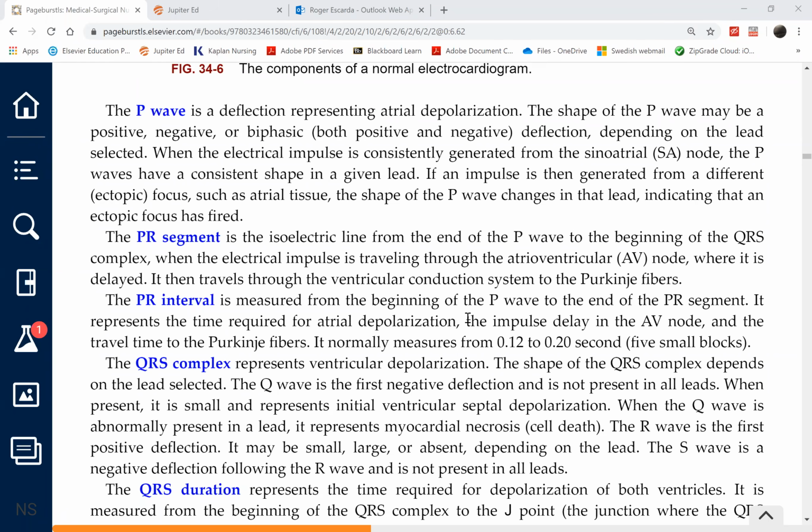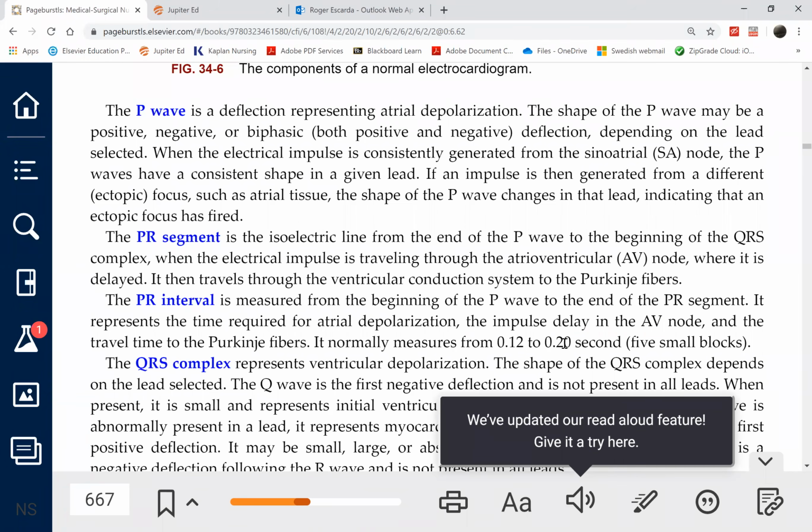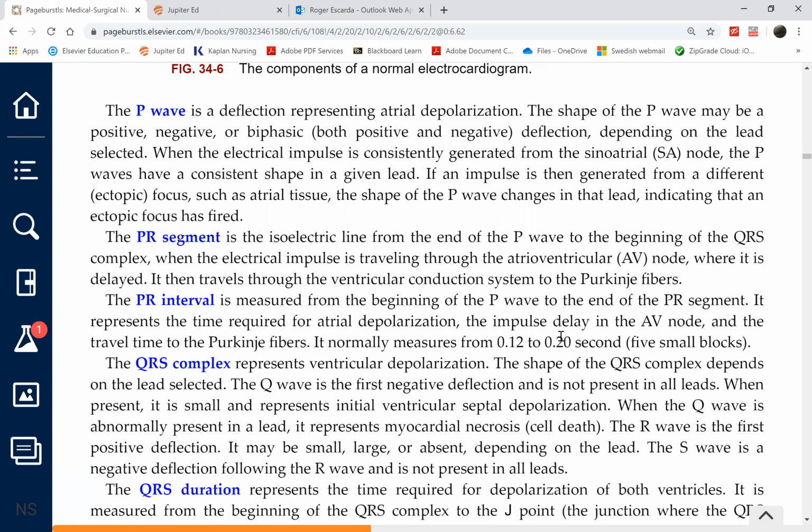Okay, so this is the impulse delay, meaning this is the time that the AV node took before it transmitted the impulse to the bundle branches. That measurement is between 0.12 to 0.2 seconds. So a minimum of 3 small blocks to 5 small blocks.